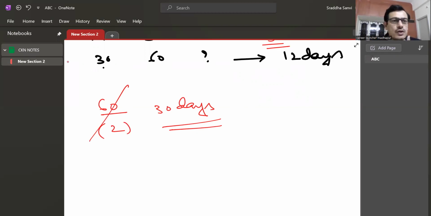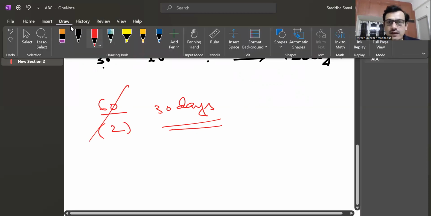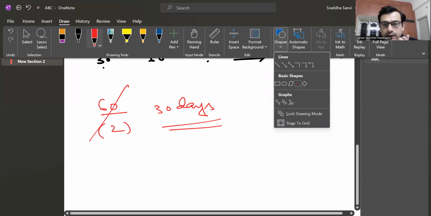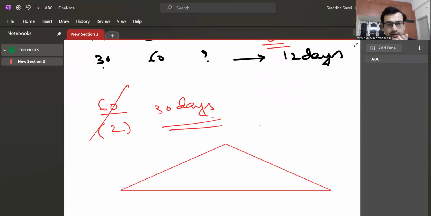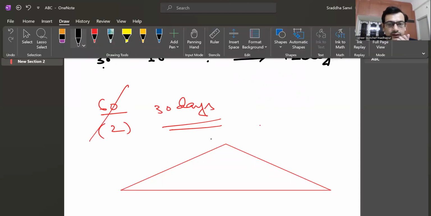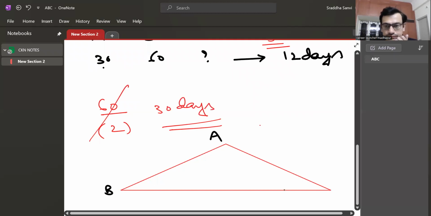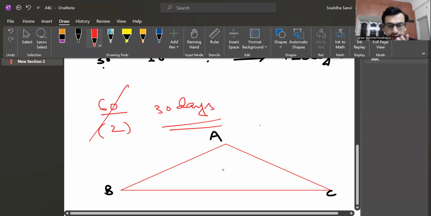Is it only for this question? No, we have a lot of such questions here. For example, I know one question the other day: there is a triangle ABC. For this triangle, D is the midpoint.